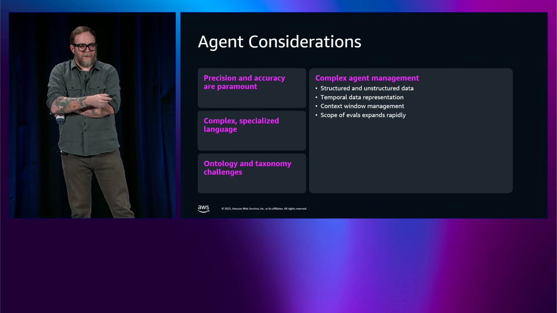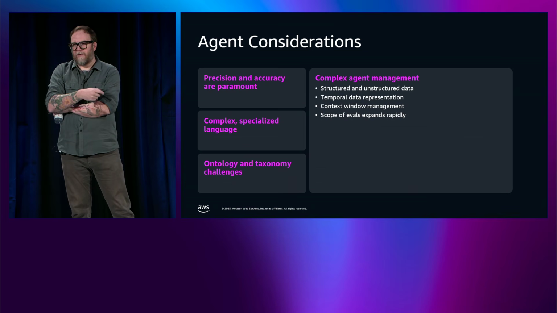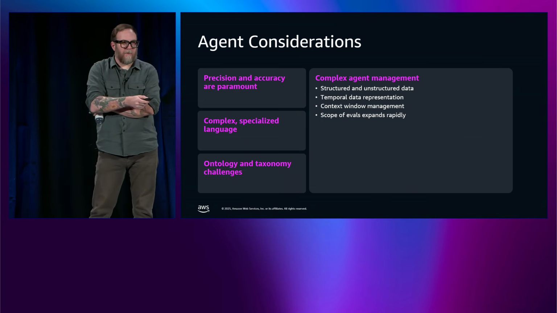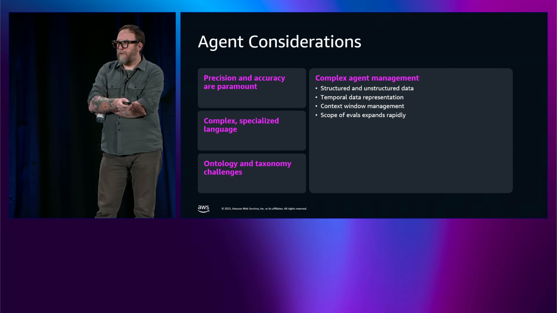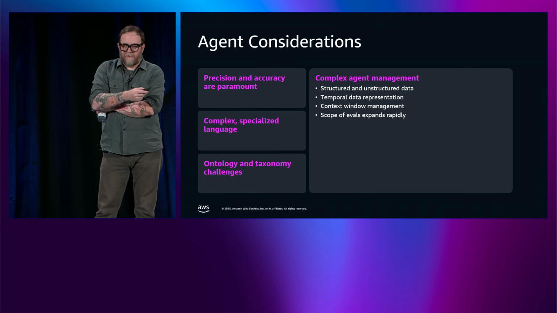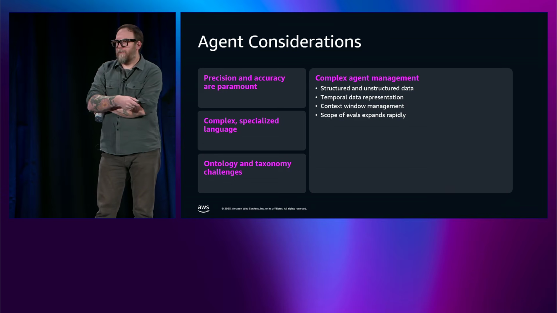The language here is complex and specialized. Frontier models, state-of-the-art models, do a reasonably good job of picking up on some of this. But there are some complex problems here. Take lower back pain as an example.